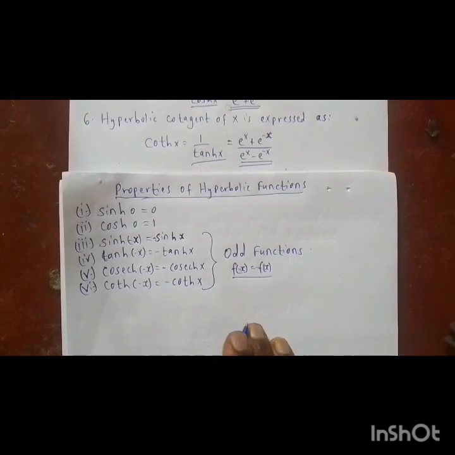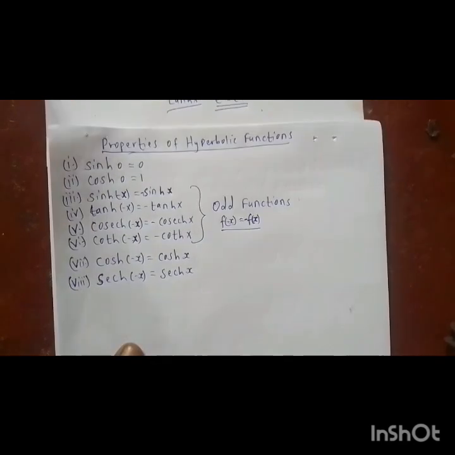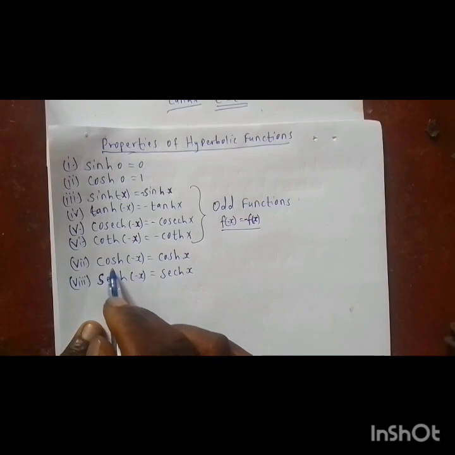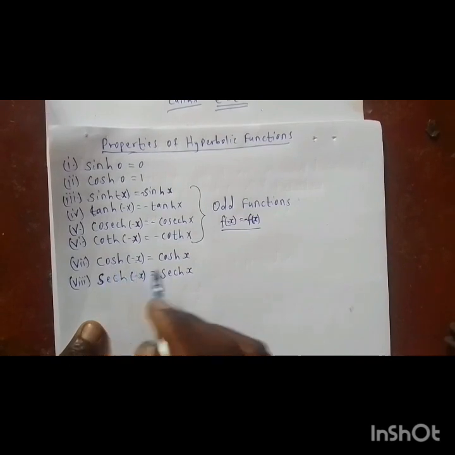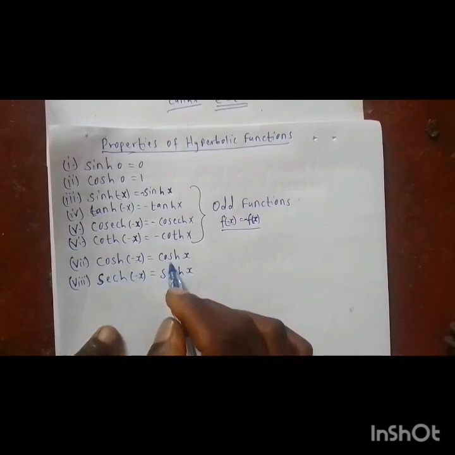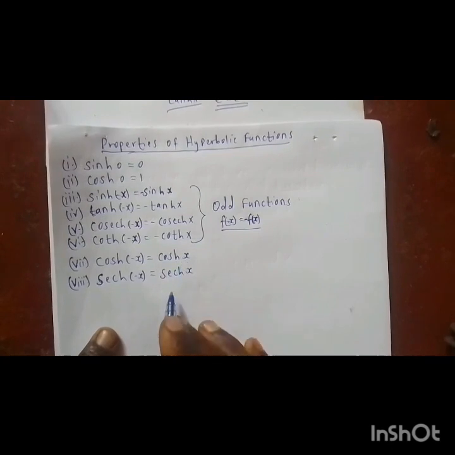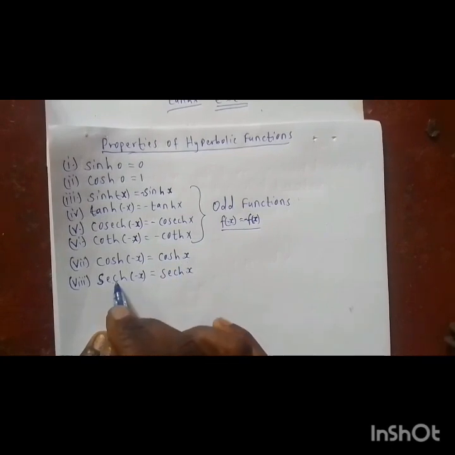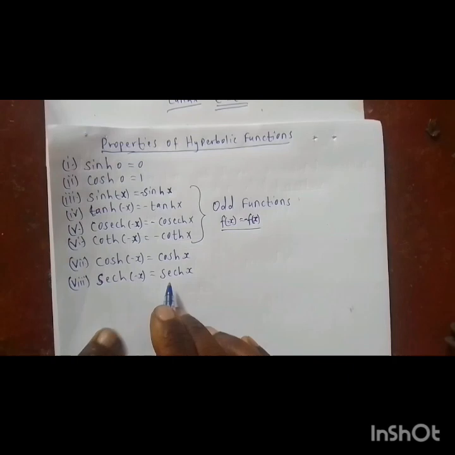So other properties, on the other hand: hyperbolic cosine of negative x equals the hyperbolic cosine of x. The same case for hyperbolic secant.